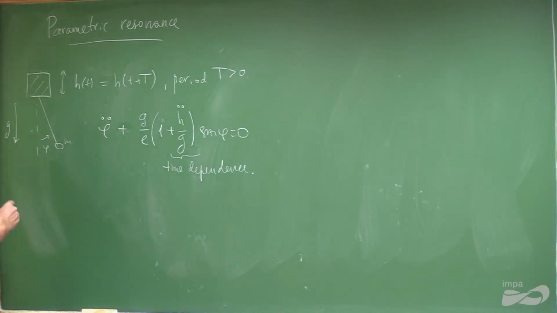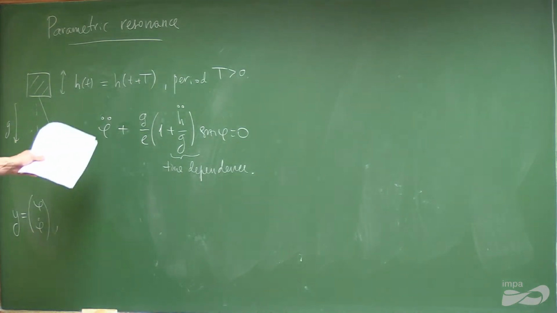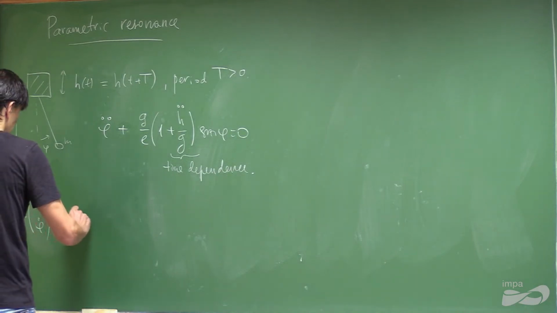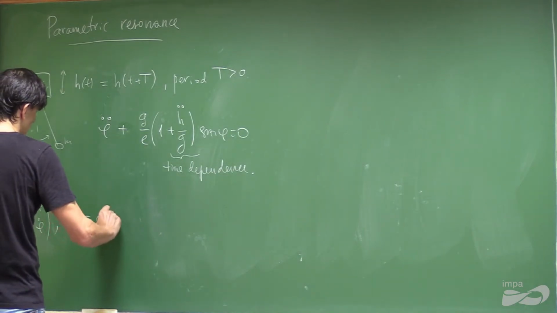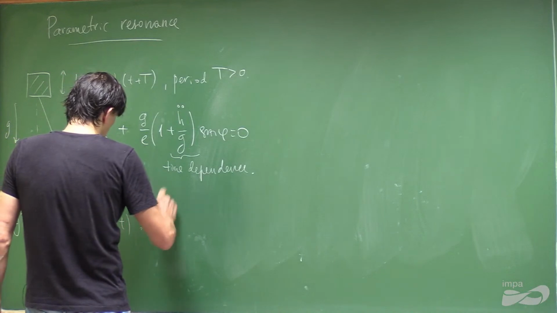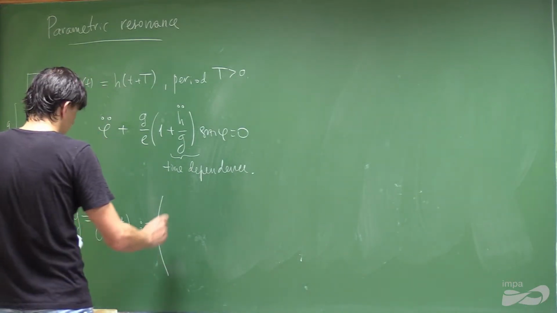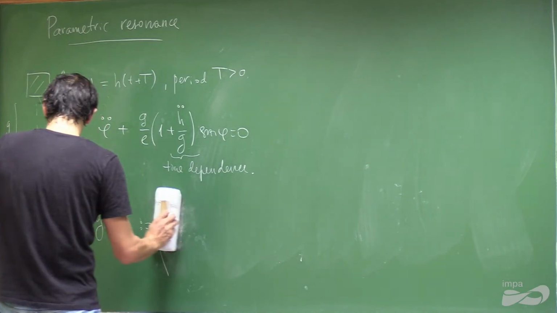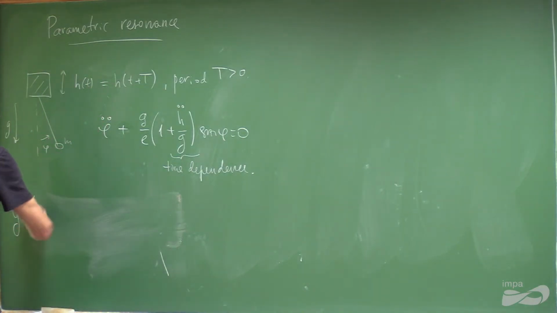So the way we write this equation, we define the vector y, which has two components. That's a phase space vector in two components. And then this equation can be written as y dot equals g(y, t), with the right-hand side defined as follows.